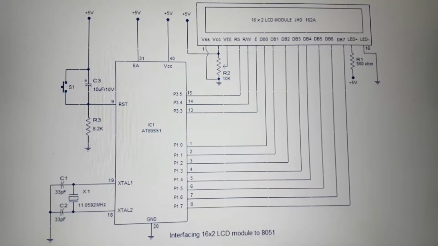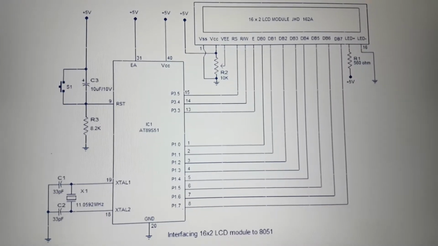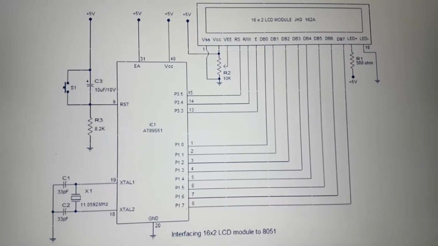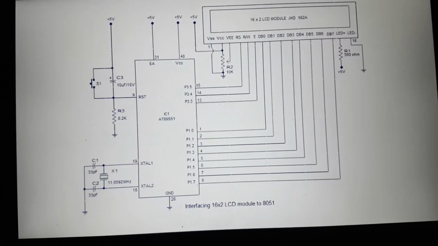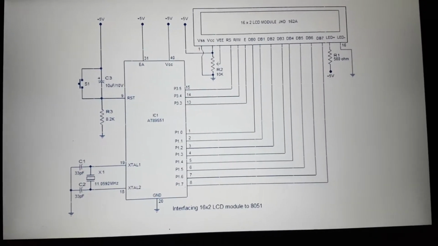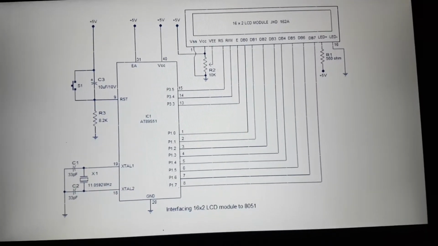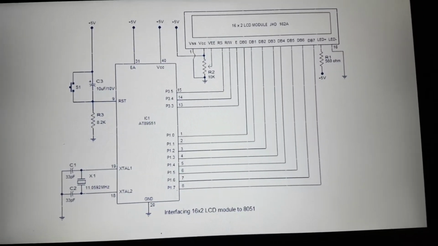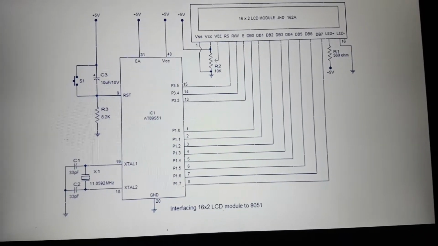The module we are talking about here is type number JHD162A, which is a very popular one. It is available in a 16-pin package with backlight contrast adjustment function, and each dot matrix has 5x8 dot resolution. The pin numbers, their names and corresponding functions are shown in the table below.